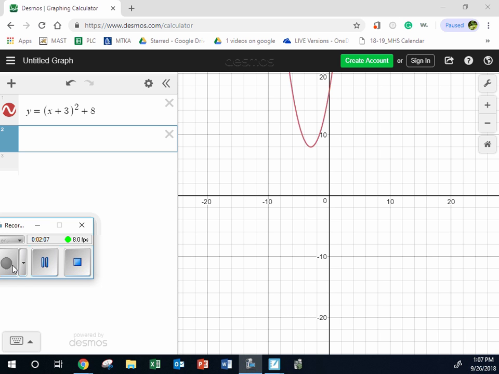Everybody hit the wrench once. In Desmos, find the wrench. Do you see anything underneath the wrench that might allow you to reset your scale so that it's not skewed anymore?